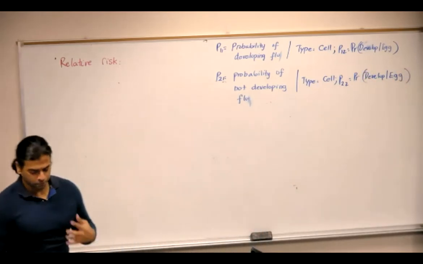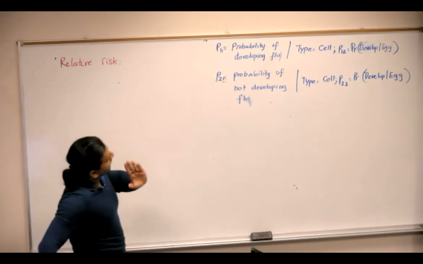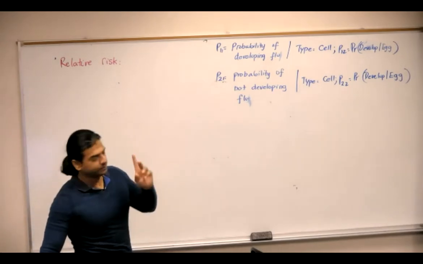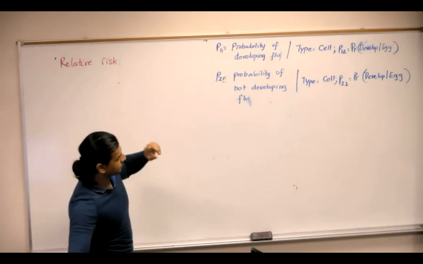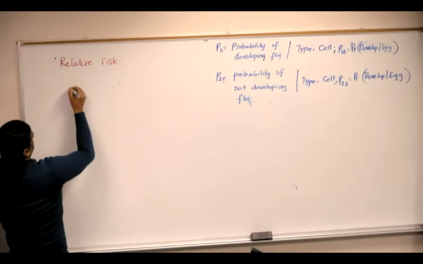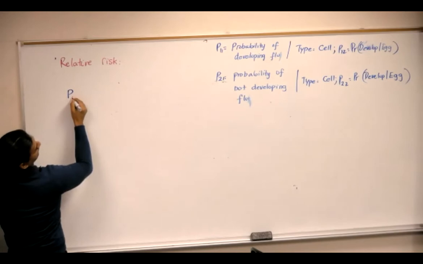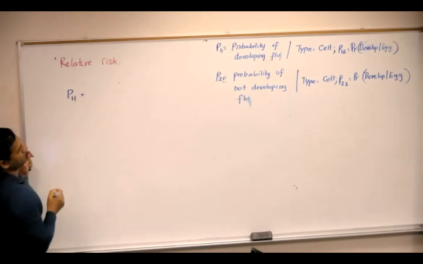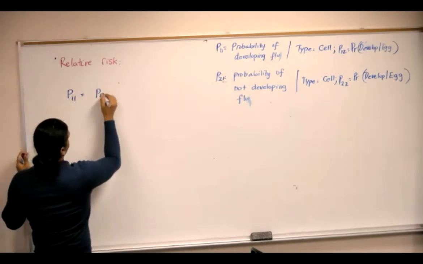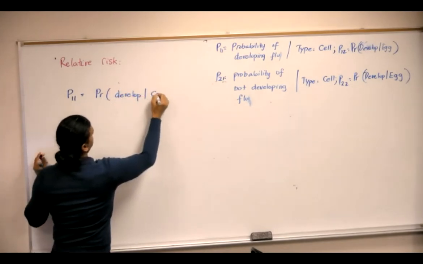So we want to determine if we develop flu or not. So in this case, we want to condition on yes, that we develop flu. So what is the probability of developing flu, which would be 1, 1, given the type is cell?